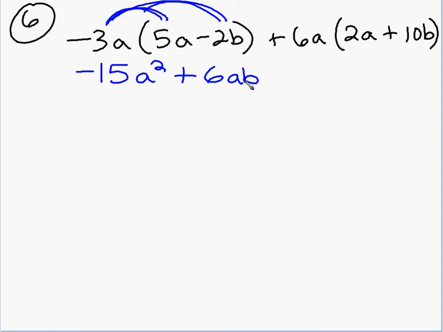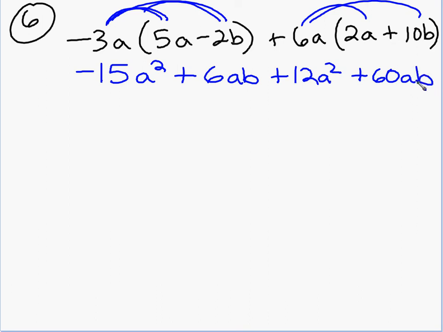So I've done the first distributive property situation. Now we need to do the second one. So what's positive 6a times 2a? Positive 12a squared. And then I need to distribute 6a times 10b, which would be plus 60ab.